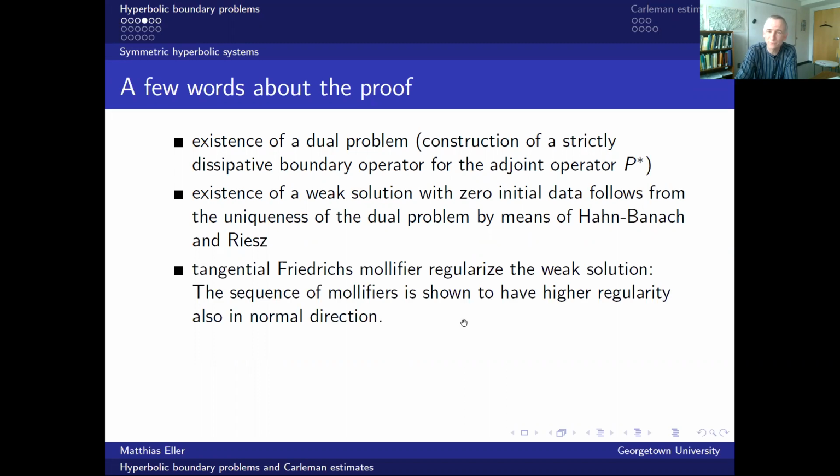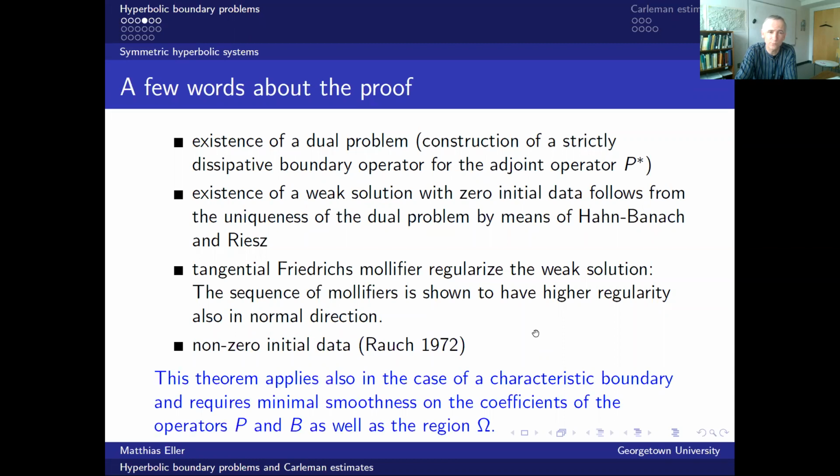Then I regularize my weak solution using tangential Friedrichs mollifiers. And this way I get a sequence of more regular solutions, and I can also regularize it in normal direction, at least in some components, and in all components if the boundary is non-characteristic. And then non-zero initial data I can include using the method by Jeff Rauch. He proposed it in 1972, actually in a slightly different context, but that works also.